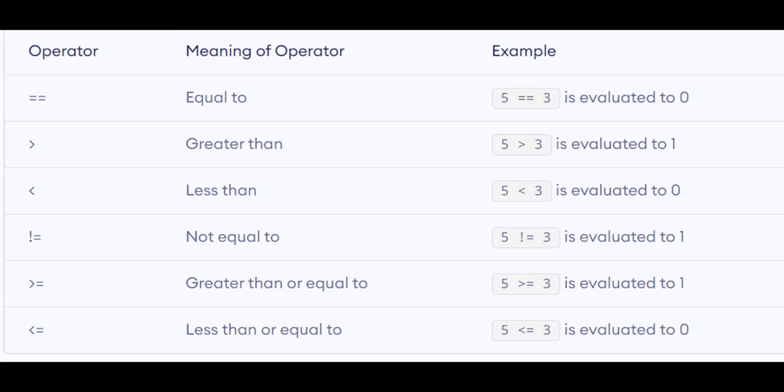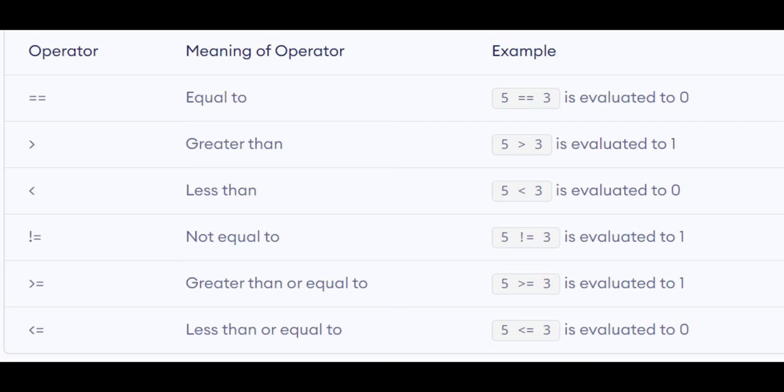So now we've got relational operators. Our very first relational operator is equal to, which checks if operand A is equal to operand B, and if it is not equal, it gives false, which is 0. Then we have greater than: if 5 is greater than 3, it's true, hence 1. Less than, it's false. Not equal to would be yes, it is not equal, and hence it evaluates to 1.